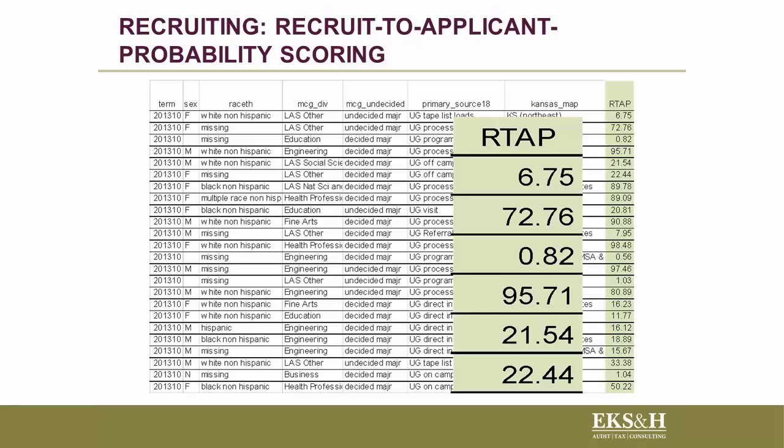Or they may decide that those who are 70% or higher will likely come anyway without aggressive recruiting, and then send them only a letter, whereas those between 30 and 70% will receive a letter as well as a phone call, and those under 30% receive only an email. The RTAP score, again refreshed daily, allows them to be able to conduct recruitment campaigns that will cost less and generate more yield than what our previous models did.